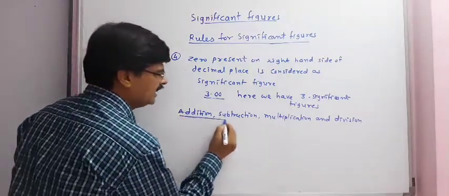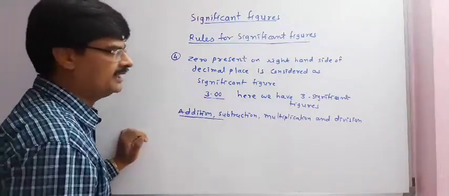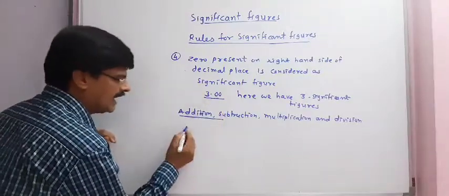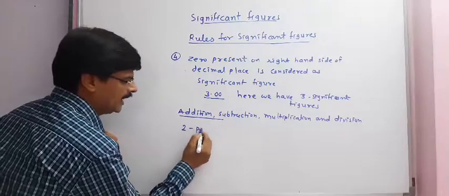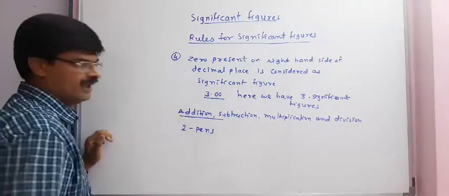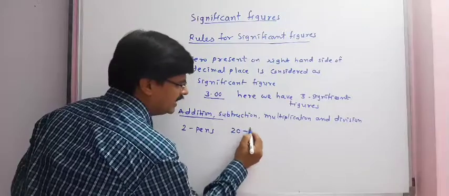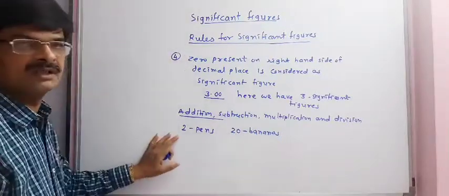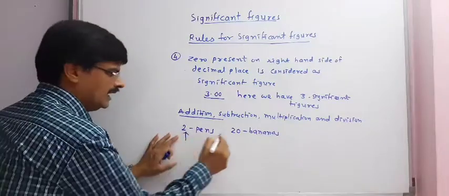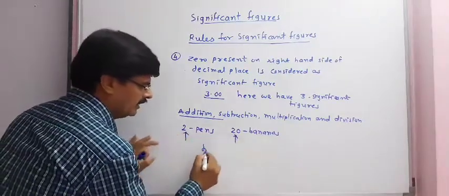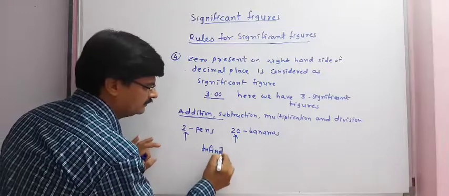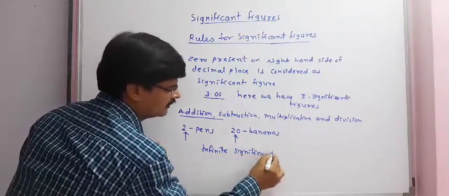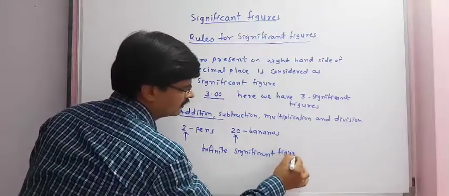Before we study addition, subtraction, multiplication and division, one more thing we have to remember. While writing a number like 2 pens or 20 bananas, we have to remember that 2 and 20 have infinite significant figures.